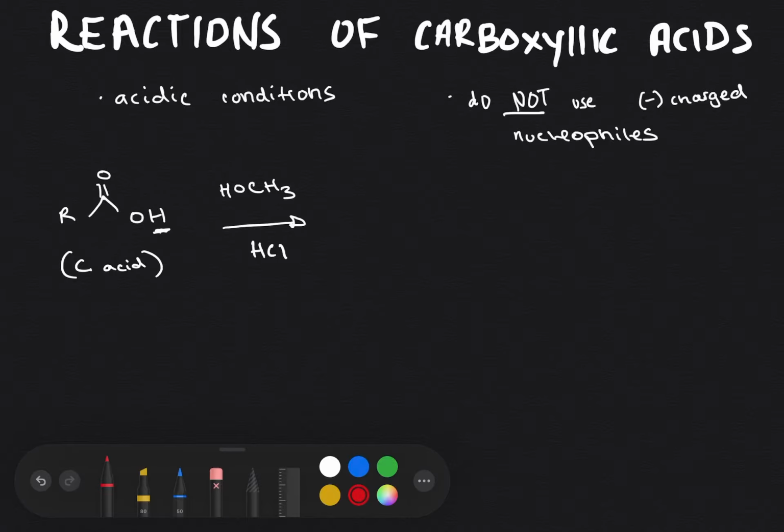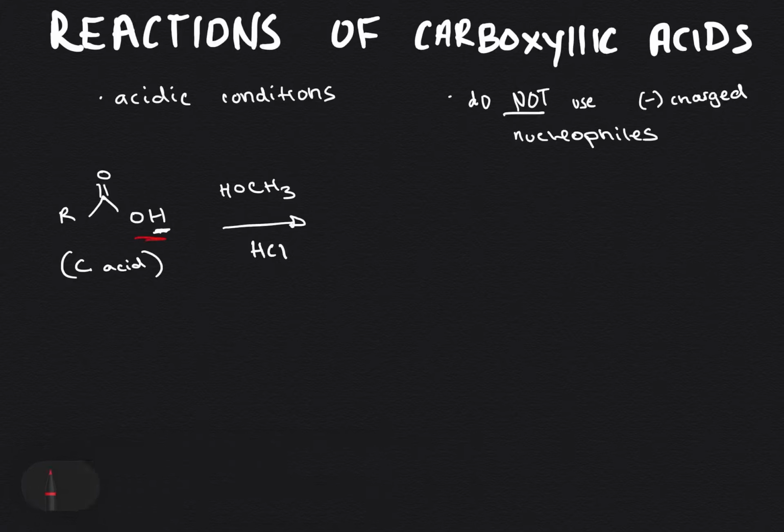We can just replace this group here with our nucleophile here, as long as we're getting rid of an H. So that would give us OCH3 and an ester. The side product would be H2O.